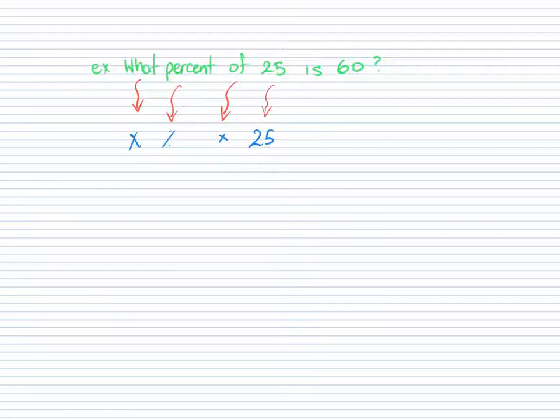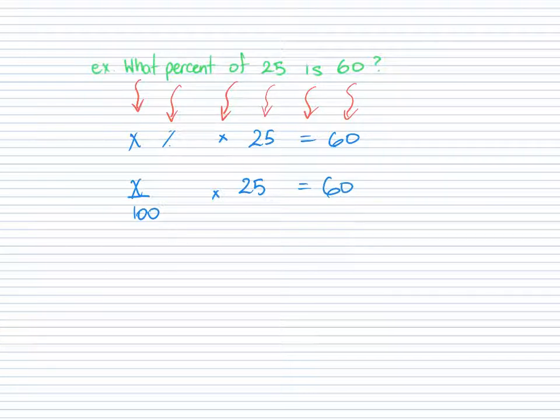Is, and is, as you know, is the same as equal. And 60 is literally just 60. So now we have an equation that we can work with. So x percent, remember that x percent, or percent means out of 100. So x percent times 25 is equal to 60.